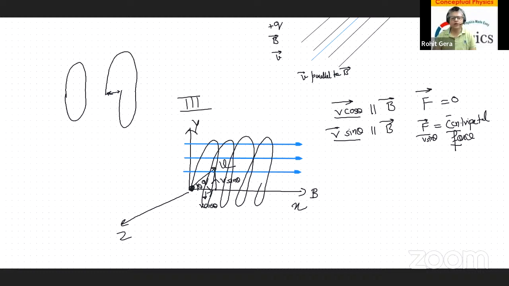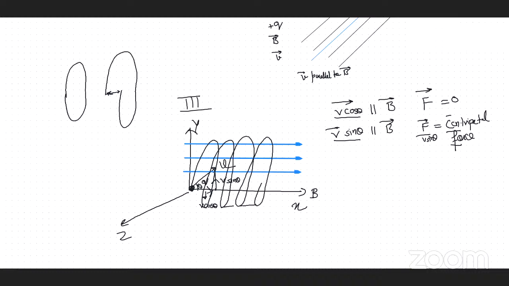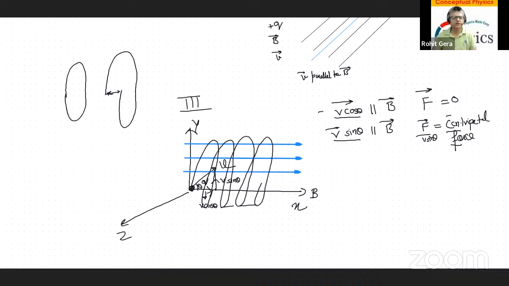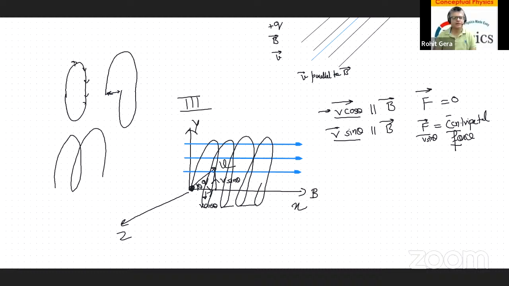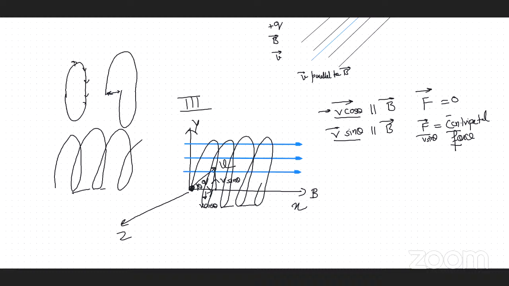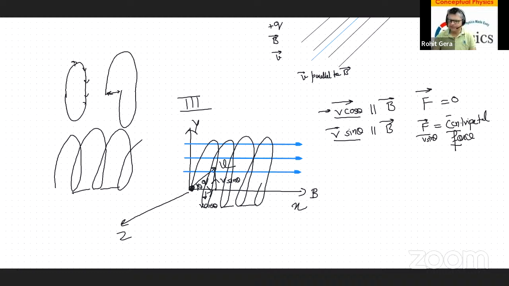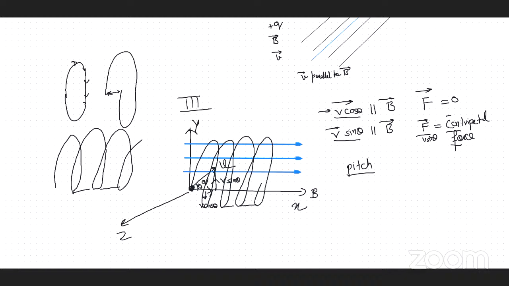तो ये जो थोड़ा थोड़ा हर टर्न में आगे जा रहे हो आप, so you are moving forward in every turn. If there was no v cos theta to take it forward, तो यहीं पे सर्कल काटते रहते आप. लेकिन अब क्या हो रहा है, आप हर टर्न में थोड़ा सा आगे भी चले जाते हो. ये जो थोड़ा सा आगे जाने का होता है, इसको बोलते हैं पिच. जैसे if you have seen a screw, स्क्रू में भी पिच होती है, वो गोल गोल घुमाते हैं तो उस पर पिच बनी होती है. वही है ये.